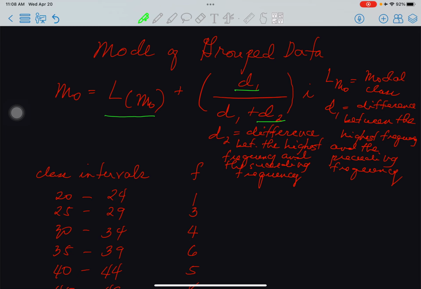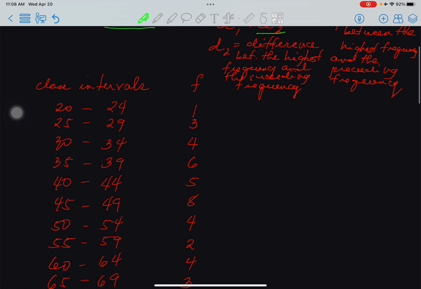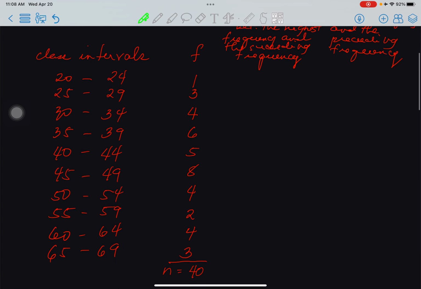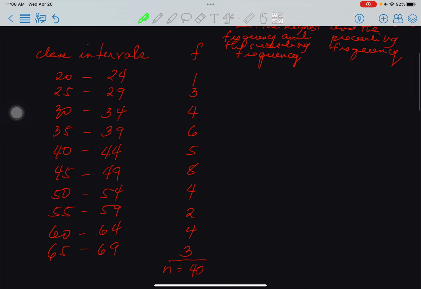So let us find out the mode of our frequency distribution table. To determine our mode, first you are going to determine your modal class. To find your modal class, you just have to look at the highest frequency of our distribution table. Based on our example, our highest frequency is 8.